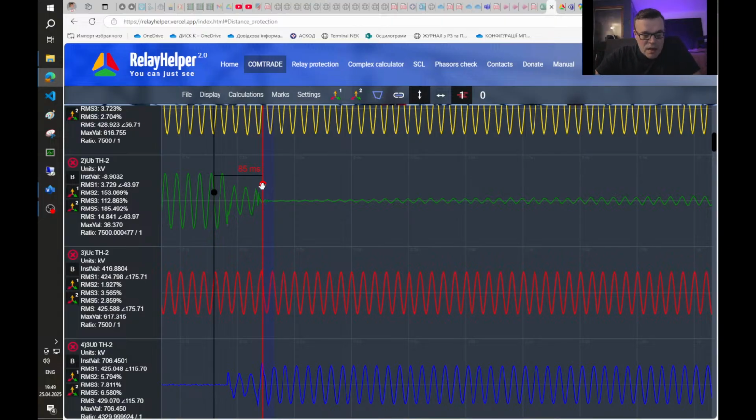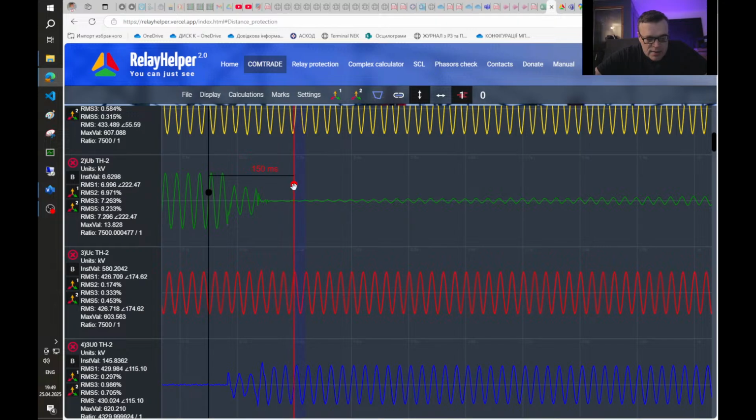arc went out, and one of them is that during the life of this arc, the voltage on the tripped phase has a very big amount of high frequency harmonics. As we can see here on the left side, we can see second, third, fifth harmonics, and after tripping it has just enormous amounts.